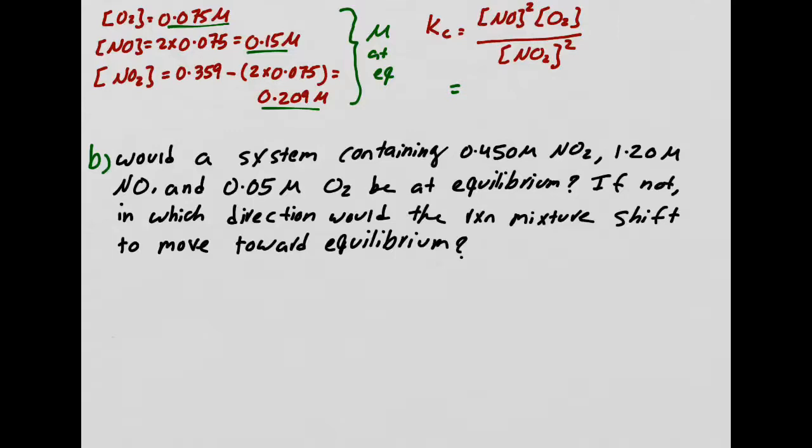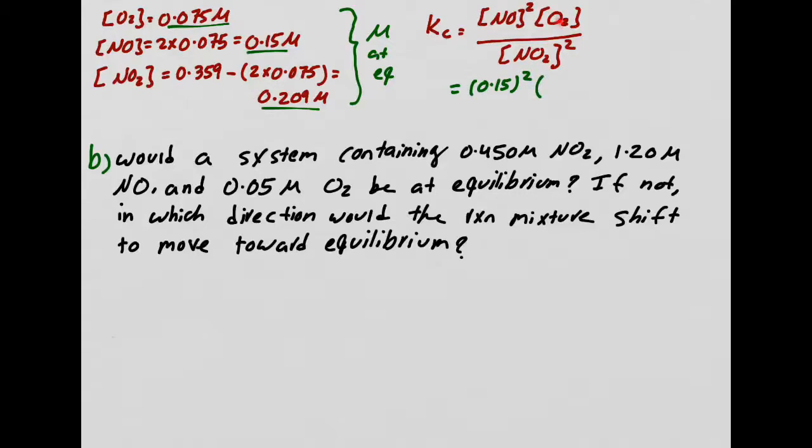So NO concentration at equilibrium is 0.15. So I'm going to put 0.15. What do I have to do? I have to square it.